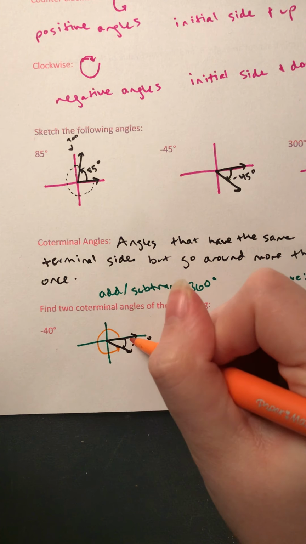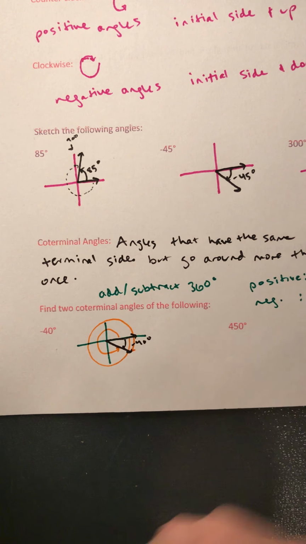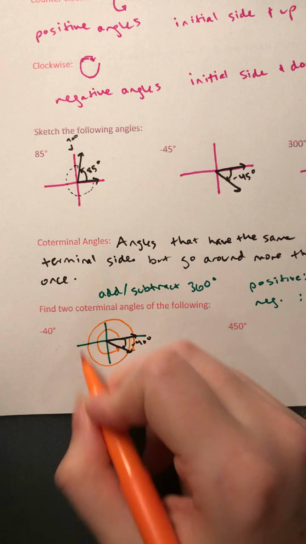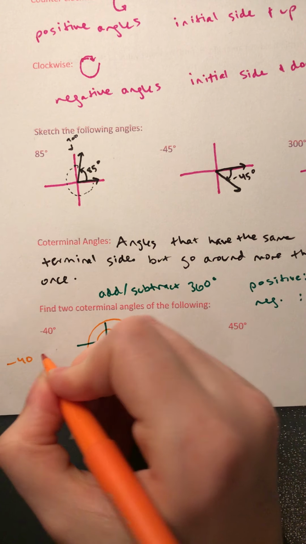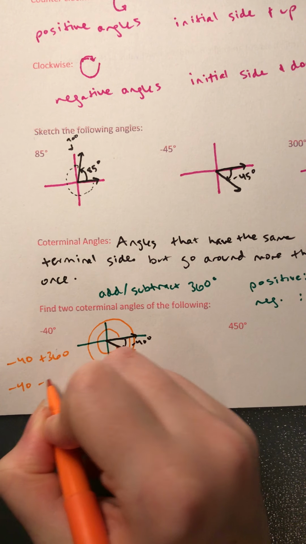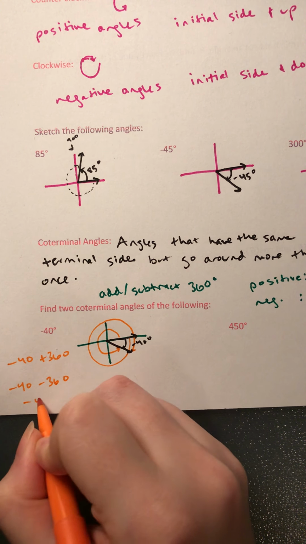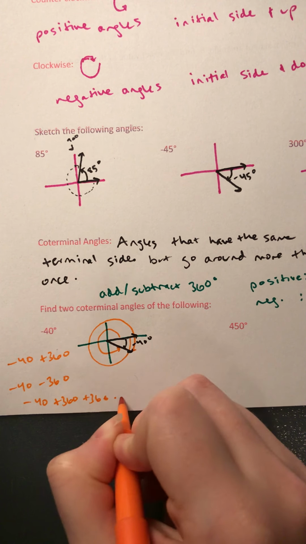We could go negative around more than once and end up at the same spot. Or you could go around multiple times. So all you have to do is take negative 40 plus 360 degrees. You can do negative 40 minus 360 degrees, you could do negative 40 plus 360 plus 360, plus as many as you want.